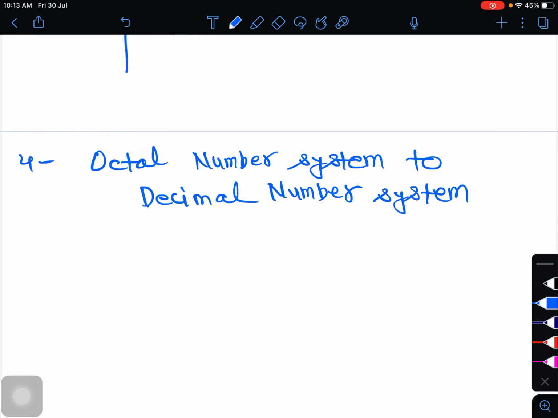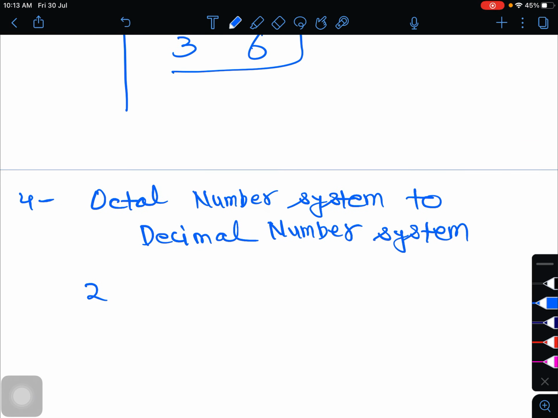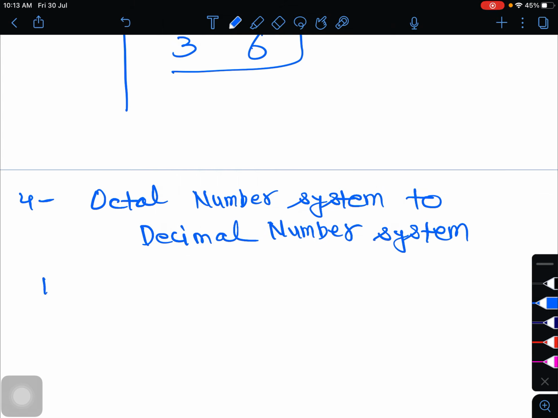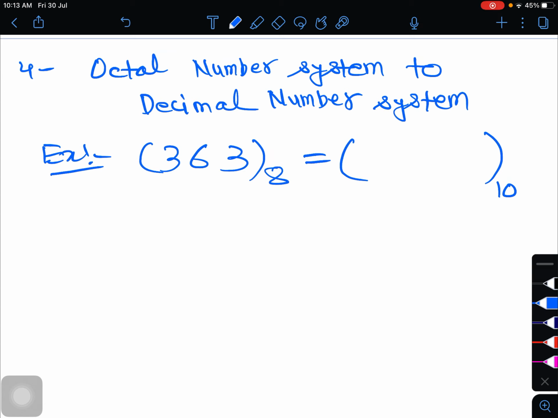So what we got as the result is 363, and now we want to convert it into decimal number system. 363.